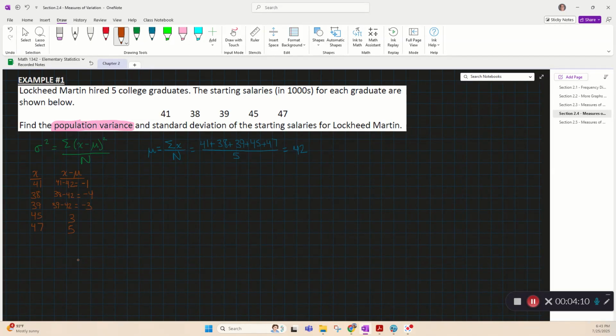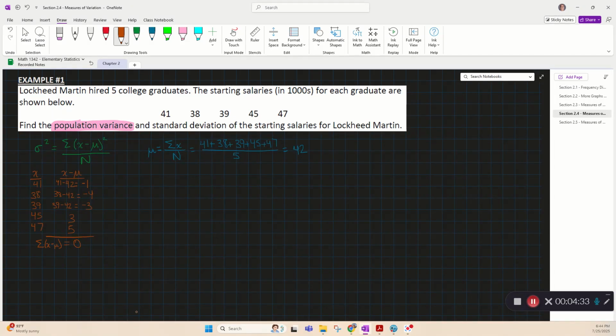Now, let's say you're doing this and you forget you have to square like they're needing in the formula. If I add these up and I do the sum of x minus mu, I would find that this is 0.